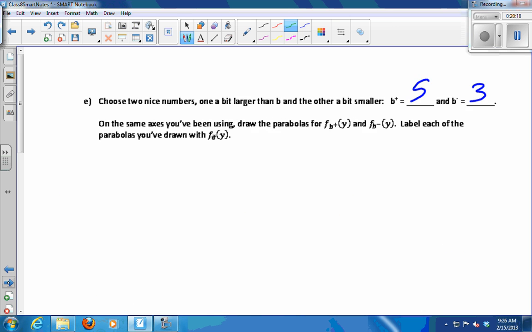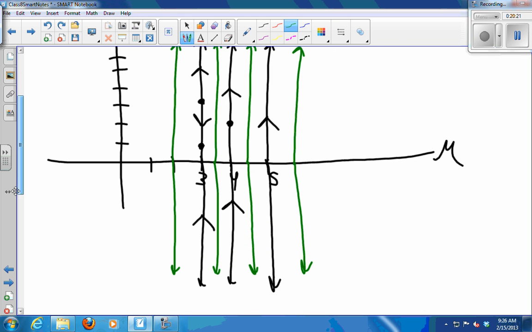So I'll put my equilibrium points in the approximate place where they go, somewhere between 0 and 1 and somewhere between 3 and 4. Between the 2 equilibrium points, my derivative is negative. Outside, it's positive.